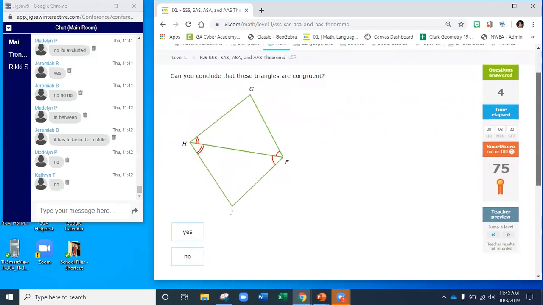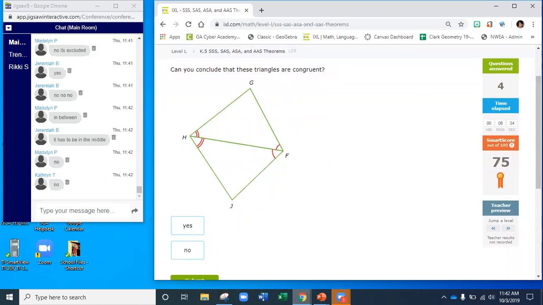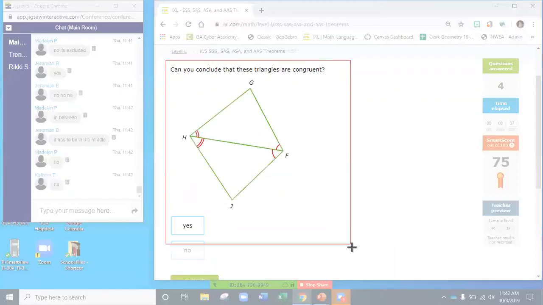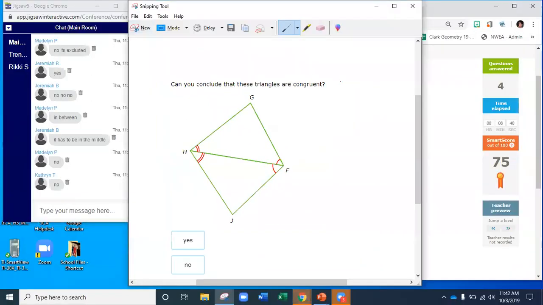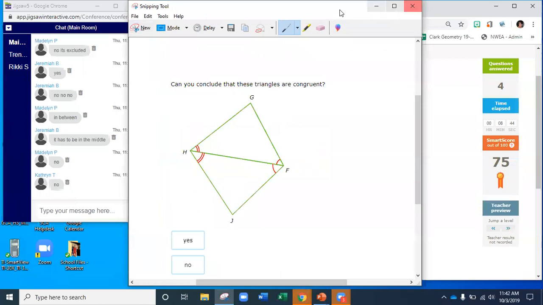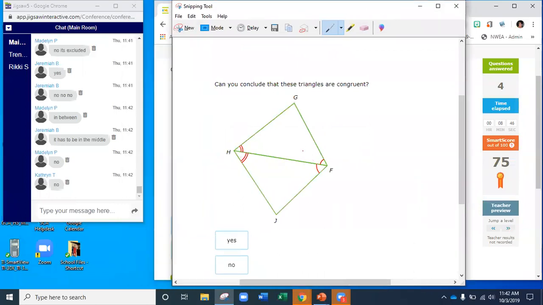Okay, let's look at this one. Oops, I got crazy. Okay, so here we have an angle. Give me a set of congruent parts y'all see here.